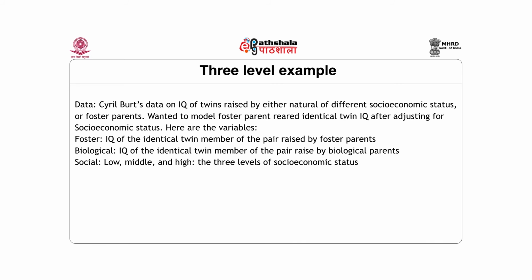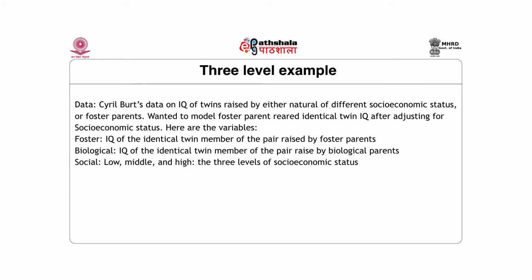We wanted to explain the IQ of children raised by foster parents by the IQ of their biological parents as a function of their social status in which they were raised. Could be upper, middle, or lower.